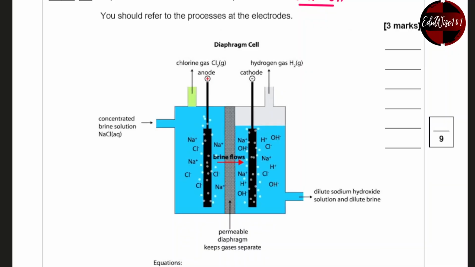Let me make it slightly bigger. So here you have the concentrated brine solution, and at the positive electrode, which we call the anode, there are the Na+ ion, the Cl- and the OH- ions.